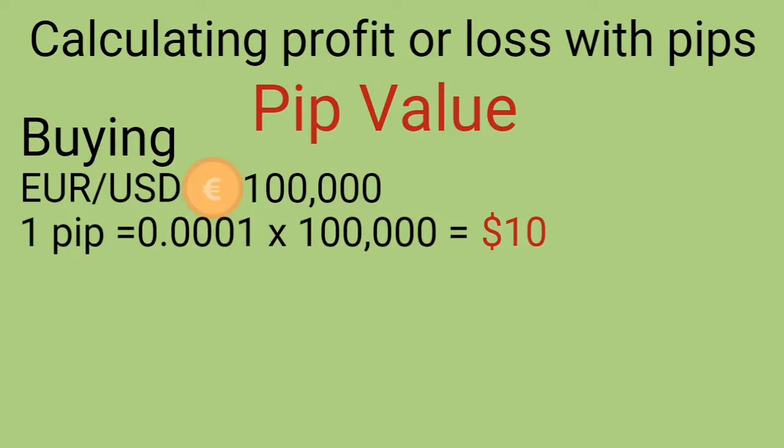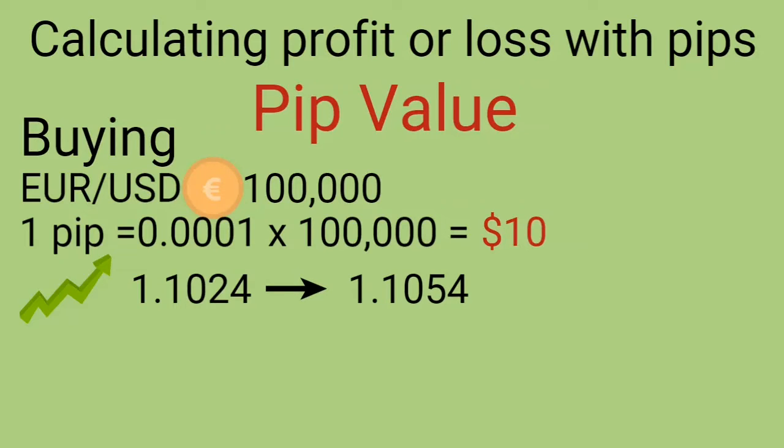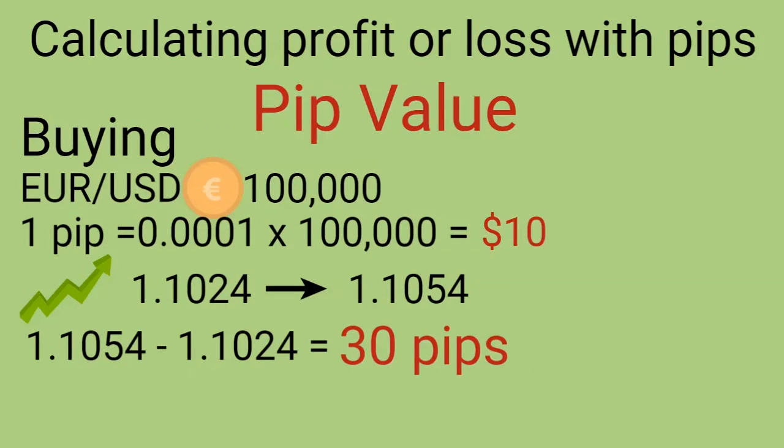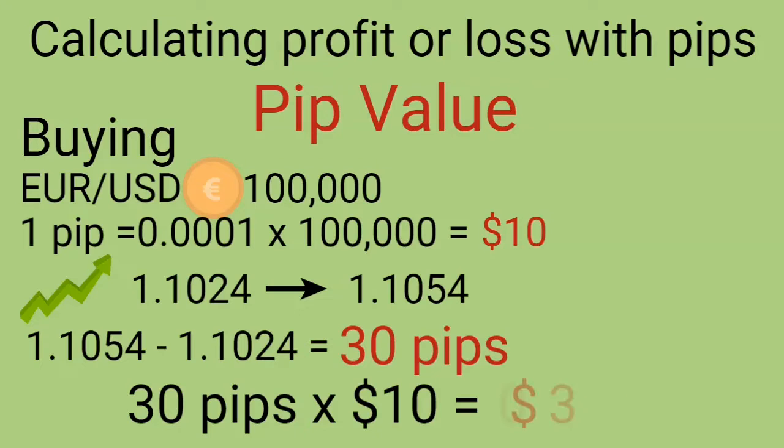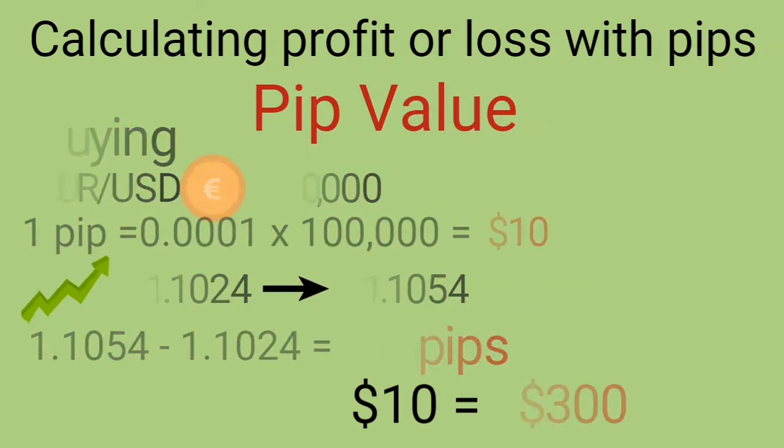If the price went up from 1.1024 to 1.1054, this means that we made 30 pips, and 30 pips times $10 a pip equals $300.